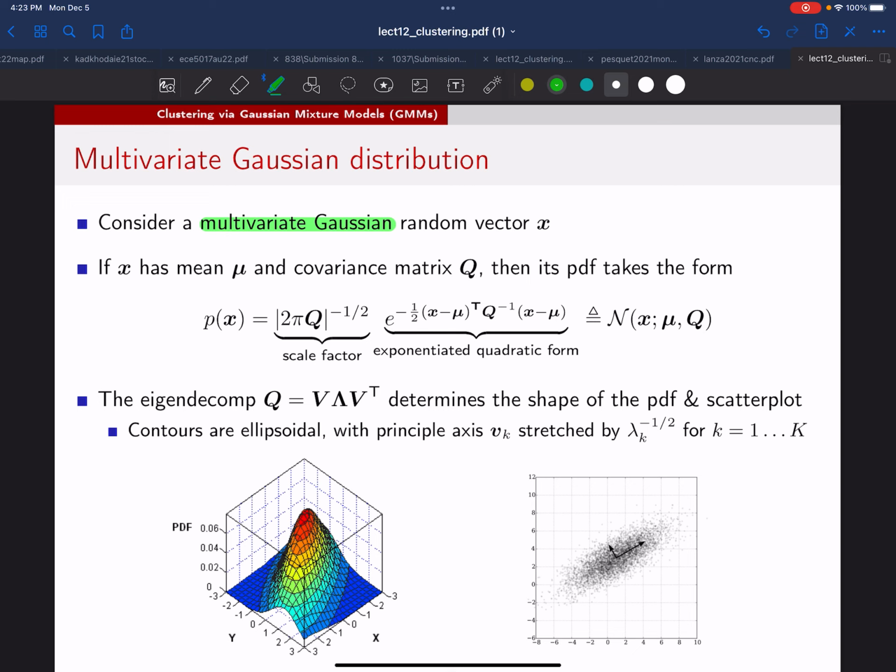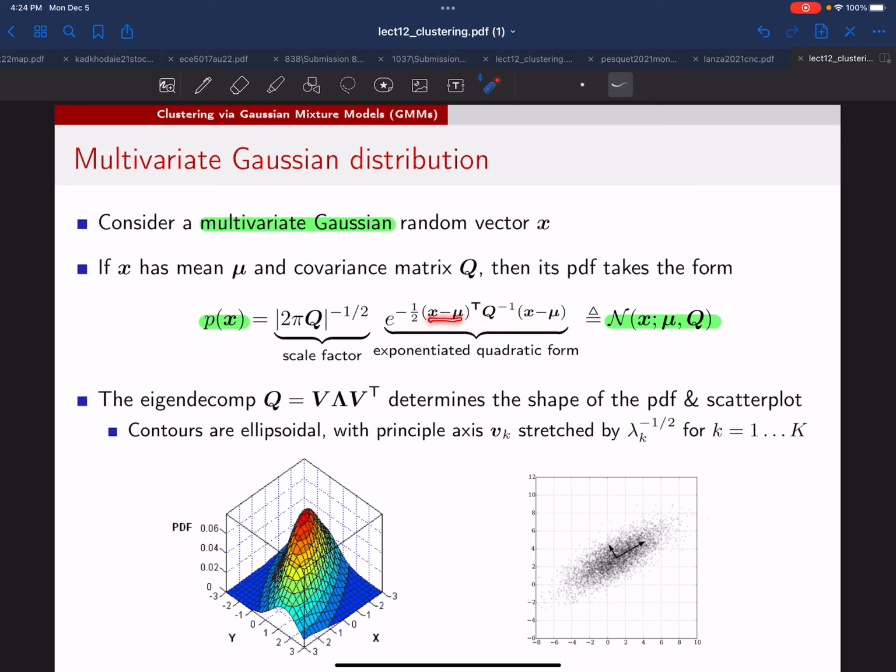And the PDF of a multivariate Gaussian, let's call the data x, so the PDF probability of x, we write it as this with this script N. Here, x is the variable, mu is the mean vector, and Q is the covariance matrix. And when you look at how that's formed, it's an exponentiated quadratic form.